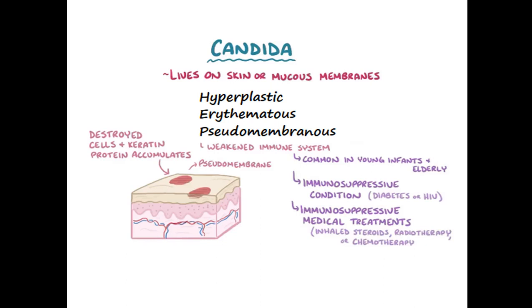When these cells are destroyed by fungal infection, the keratin protein contained in them accumulates, and the destroyed cells containing keratin, along with the exudate, form a pseudomembrane. Therefore we say that oral infection by Candida albicans is characterized by the formation of pseudomembrane.